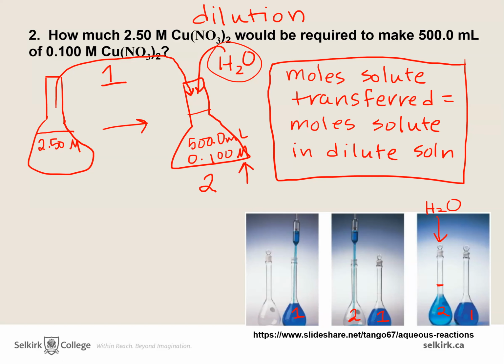Here it might be a good choice to remind you that molar, capital M, is the same as moles per liter, which is something with units of something over something else. That's a conversion factor. I want to find moles. I already have moles per liter. The way to get moles by itself would be to multiply by the volume of the solution. That's what I'm going to do.